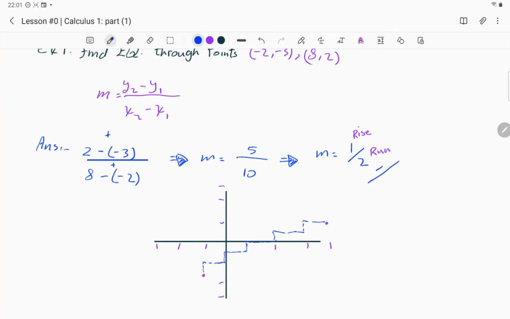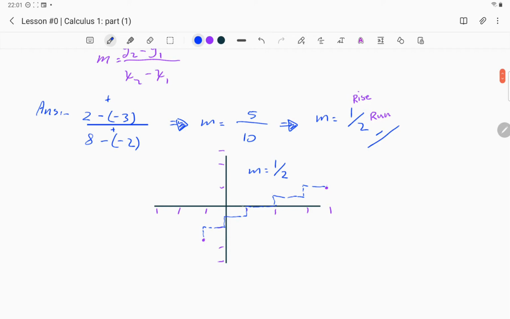If you want, draw the line that connects them both. I'm not going to do that, but this part just proves that the slope actually matches and that you're correct. The slope is a half, a rise over run, so you go up by 1 and to the right 2, right? And he also mentions that the slope always goes to the right no matter what.